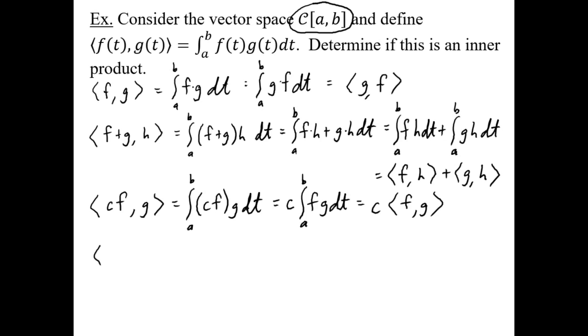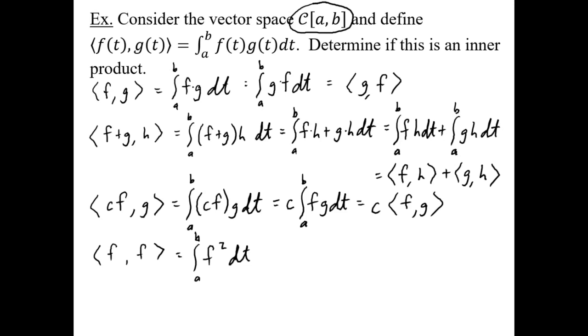The last one deals with the inner product of f and itself. So this would be the inner product of basically f squared dt, right? The integral of f times itself. And it's worth remembering that f squared is a positive function.